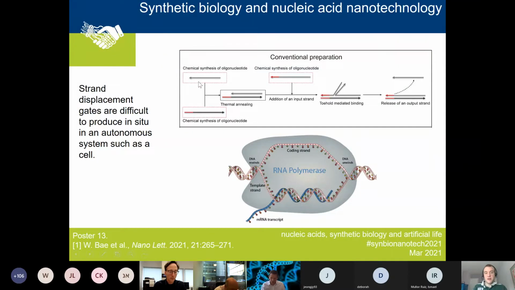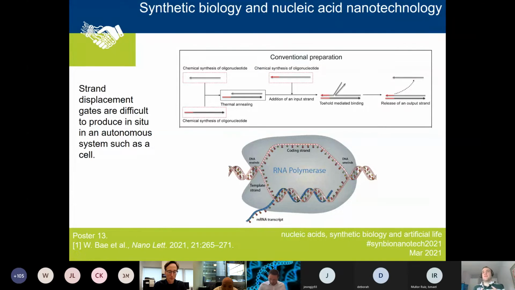Here there are 3 separate oligonucleotides chemically synthesized. We anneal 2 of them together in a pot, and then we separately add a third one, and that third one triggers a displacement reaction, and we've got one single reaction where we release an output in response to an input. And that's for one reaction.